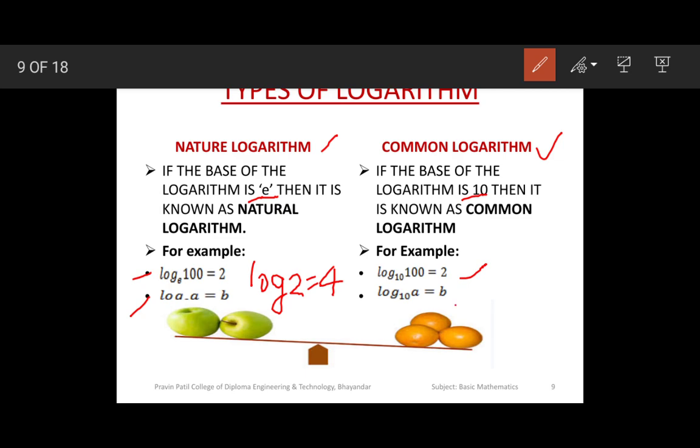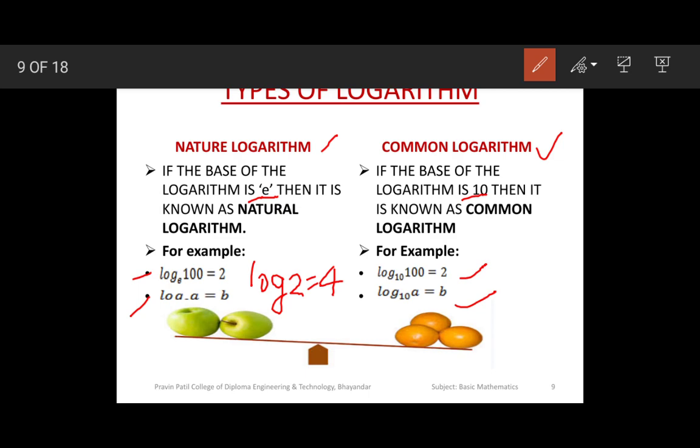Second example, log of a to the base 10 is equal to b. Now students, in common log, the base should be 10. No other value. There is only a single value, and the value is 10. If the base of the log is 10, then that is a common log.